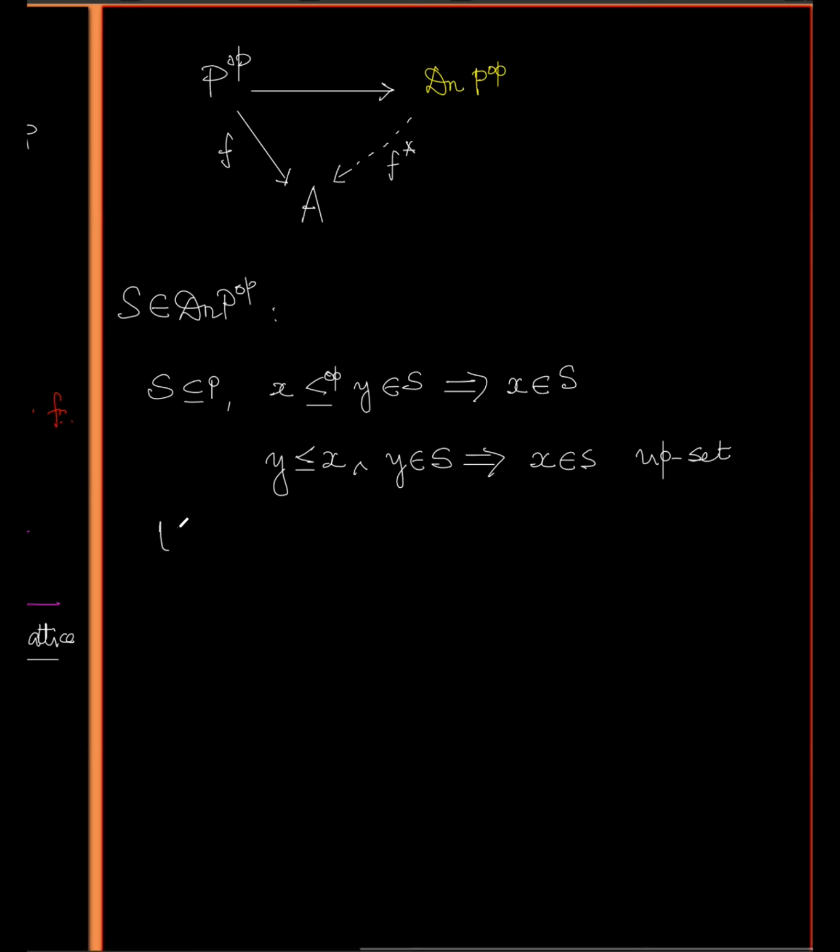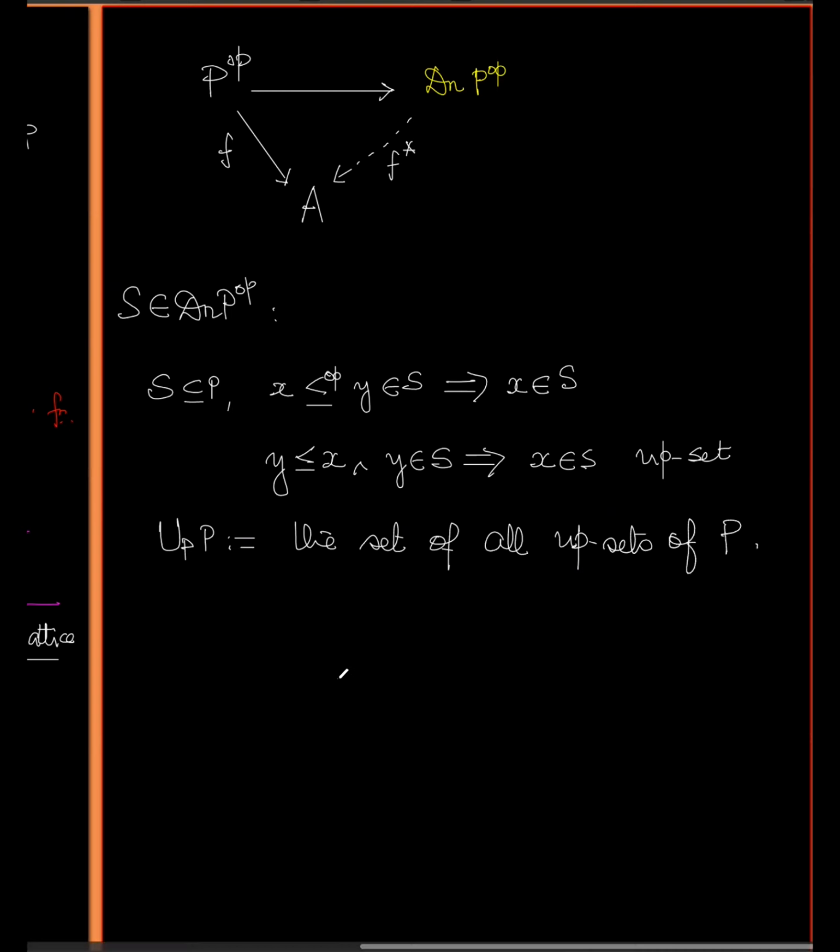So now, therefore, it turns out that the lattice over here was comparing the upsets by subset relation.